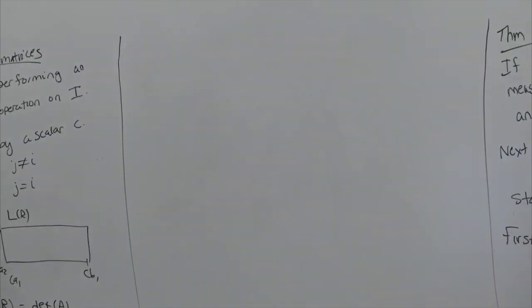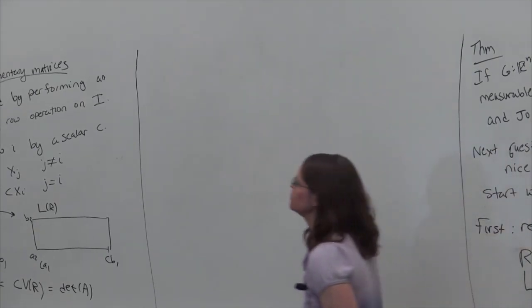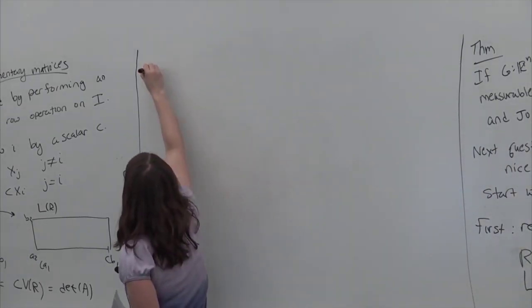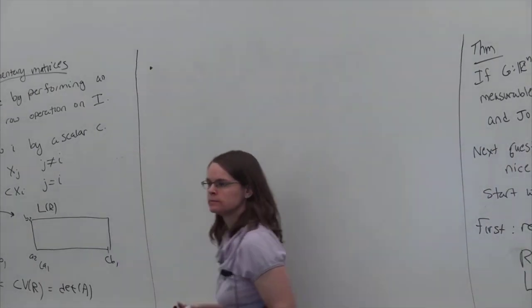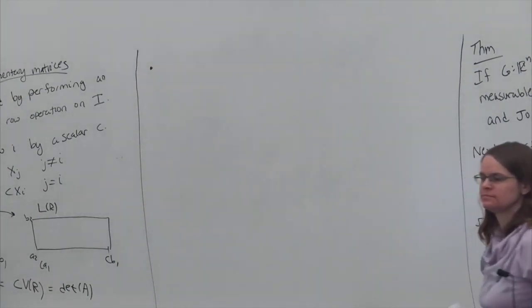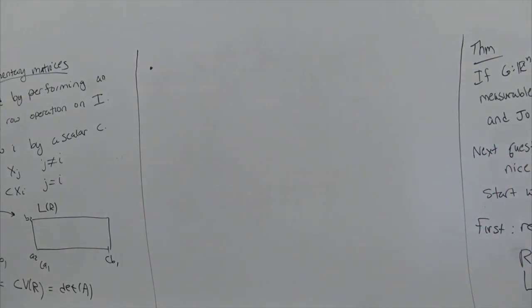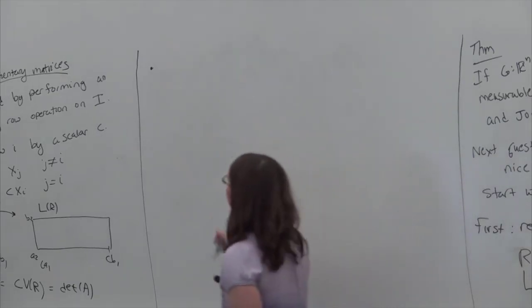Okay, so that's one elementary row operation. What are the other ones? Yeah. Switch the orders around. Okay, we'll swap two rows, sure.